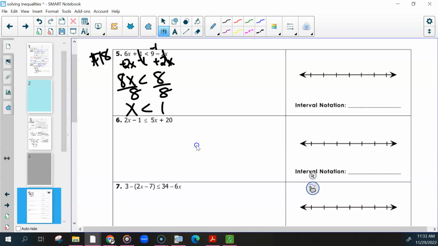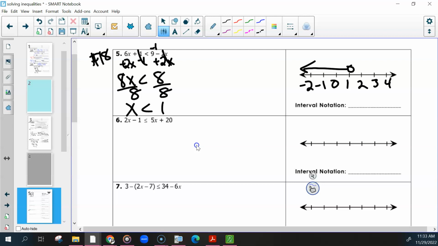And then we could graph this. So this would be an open circle going to the left. Looking at how this is graphed, where would this one start?